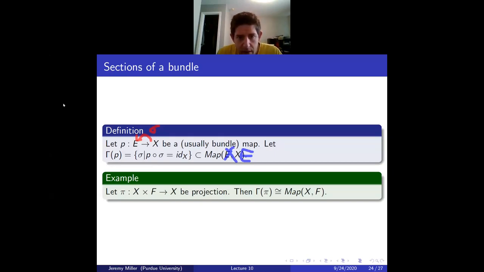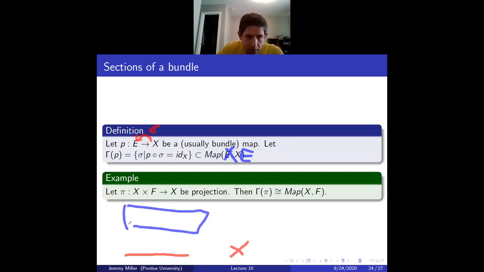If you just check what is this data, we have X, we have E, and let's say E locally looks like a product. And what's a section? The light blue is a section.